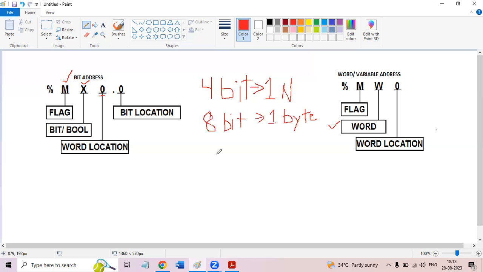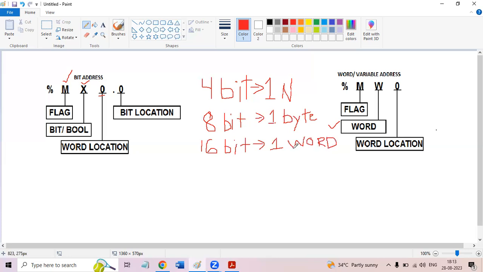Correct. Then when you combine 16 bits, what will it form? 16 bits equal to 1 word. Not half word, 1 word. 16 bits equal to 1 word.